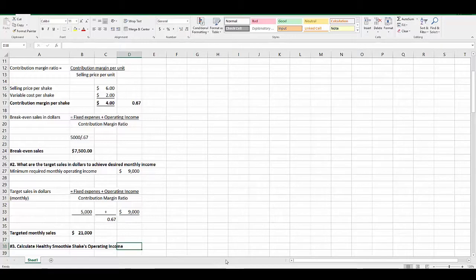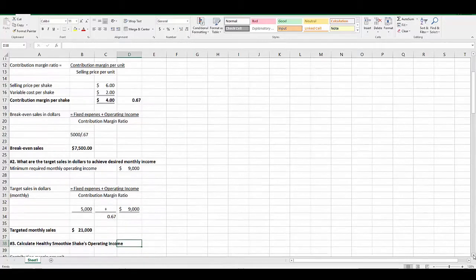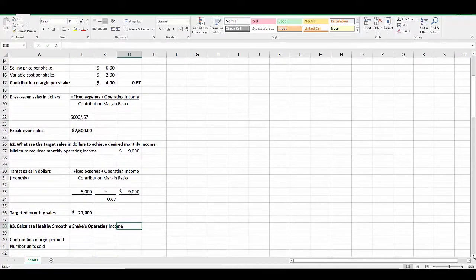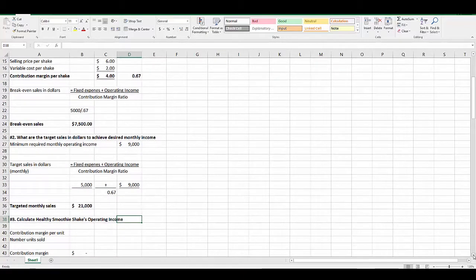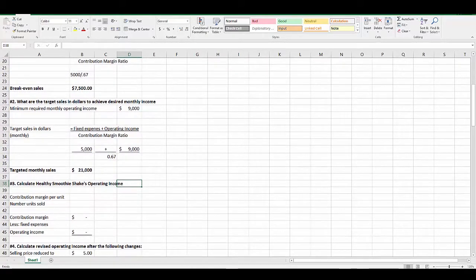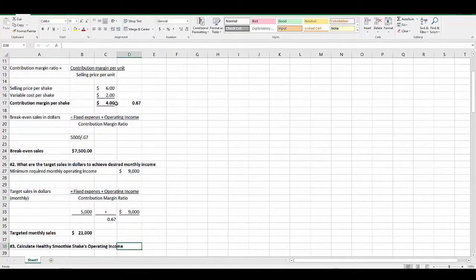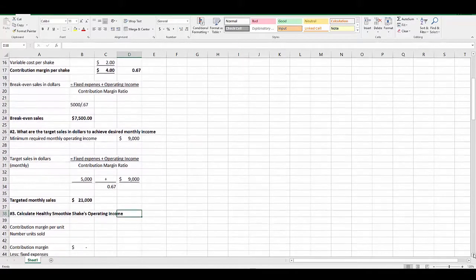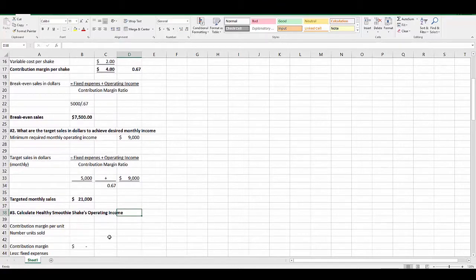Part 3 is asking us to calculate healthy smoothie shakes operating income. First of all, we know what our contribution margin is. We just calculated that as being $4 per unit. So we'll enter in the contribution margin per unit, which is $4.